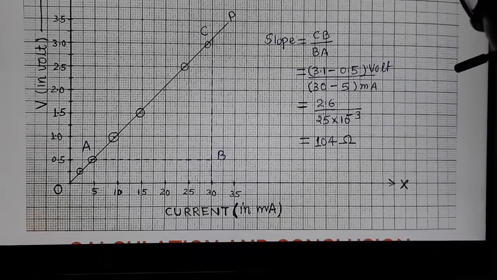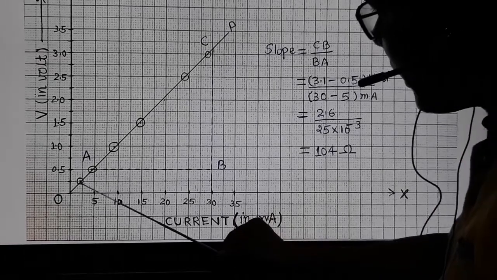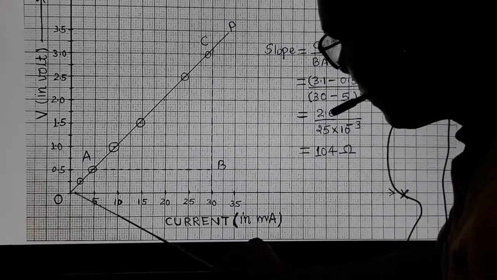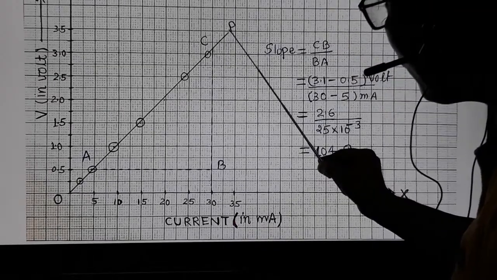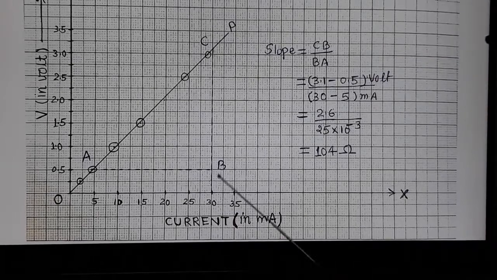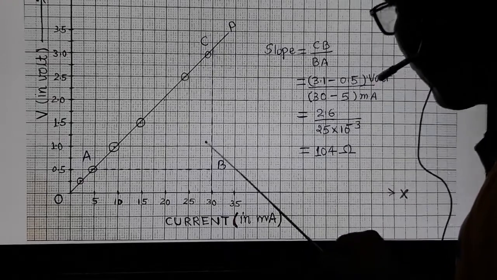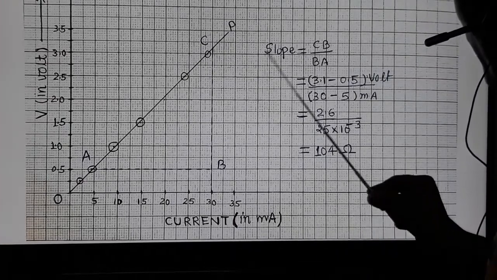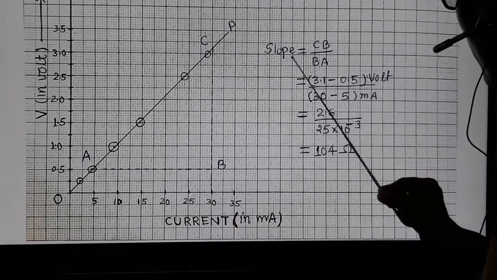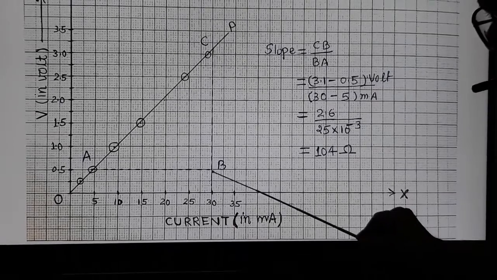The corresponding readings are drawn here, and joining the points a straight line comes, which shows the verification of Ohm's law. And by this graph we also find the value of the resistance by determining the slope. Slope equals CB upon BA.